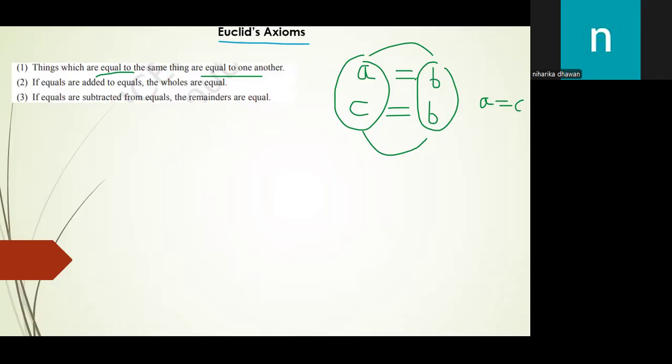Since A is equal to B and C is also equal to B, it means A is equal to C.